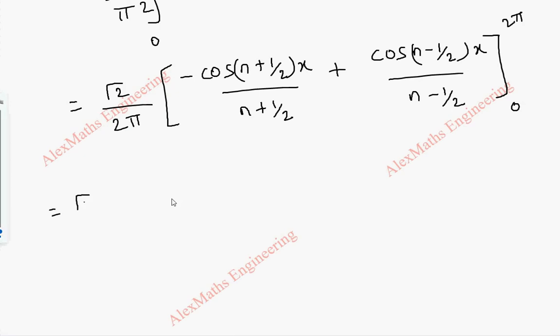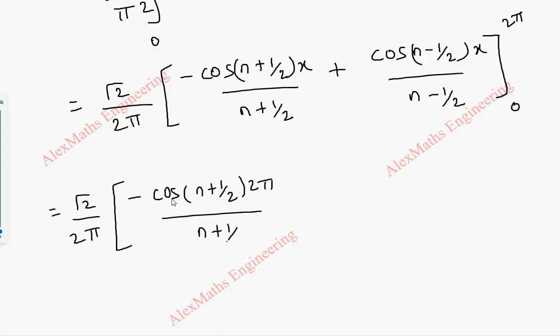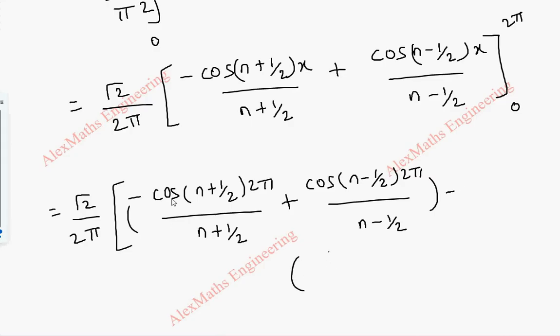Let's substitute the upper limit. So this upper limit will become minus cos of n plus half into 2 pi by n plus half, then plus cos of n minus half into 2 pi by n minus half. Then when I put the lower limit, cos 0 is 1 and there's a minus sign, so minus 1 by n plus half plus 1 by n minus half.